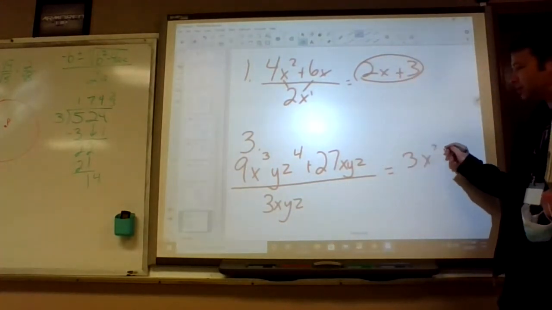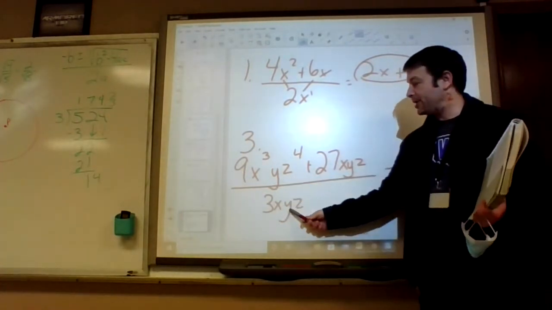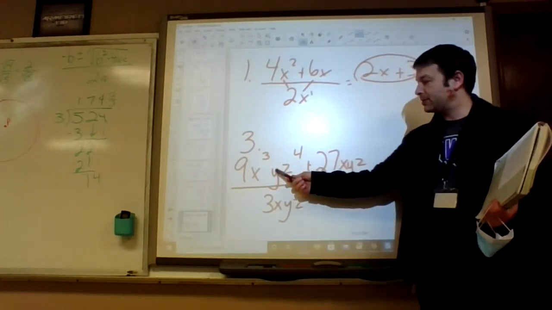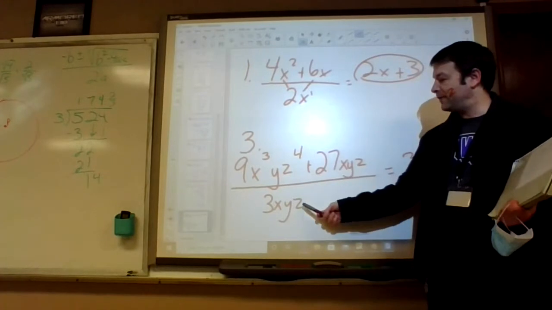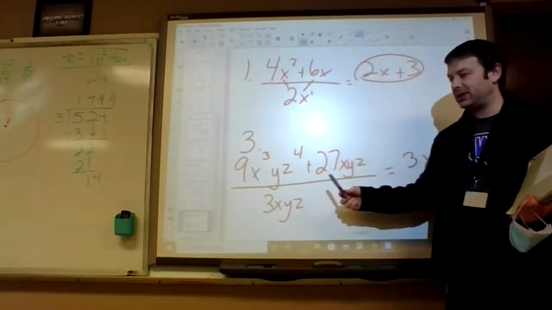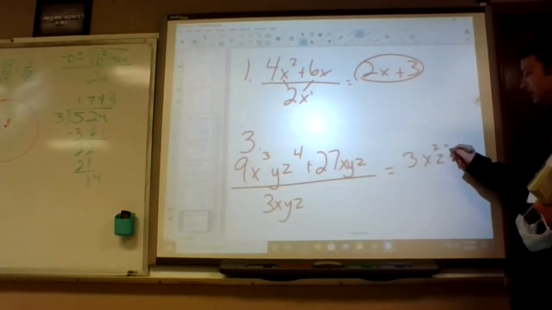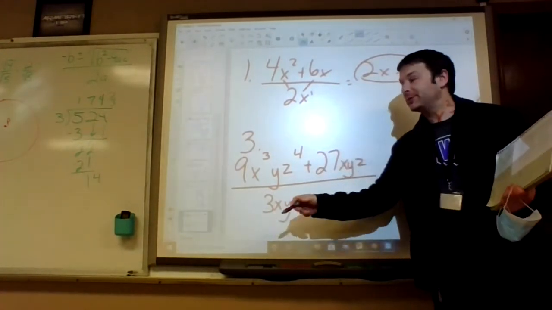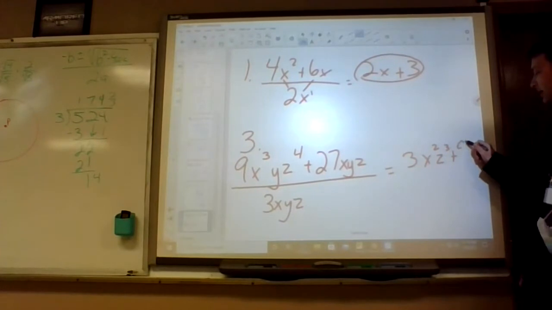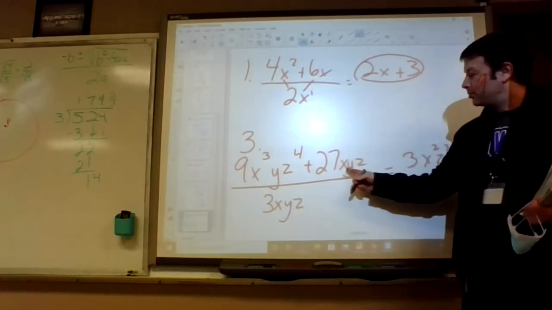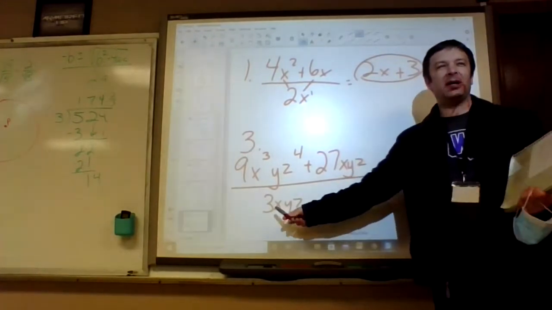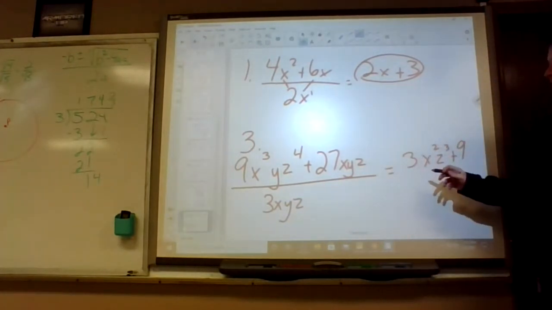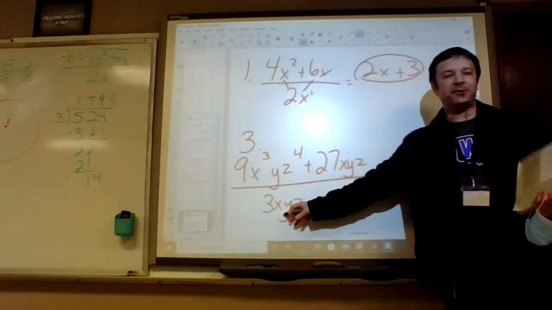X squared. What's y divided by y? Gone. It cancels out. Z to the 4 divided by z? Z cubed, that's right. Plus, what is 27 divided by 3? 9. What's xyz divided by xyz? Gone. So you divide everything. They're all the same, so I kind of fast forwarded through that.